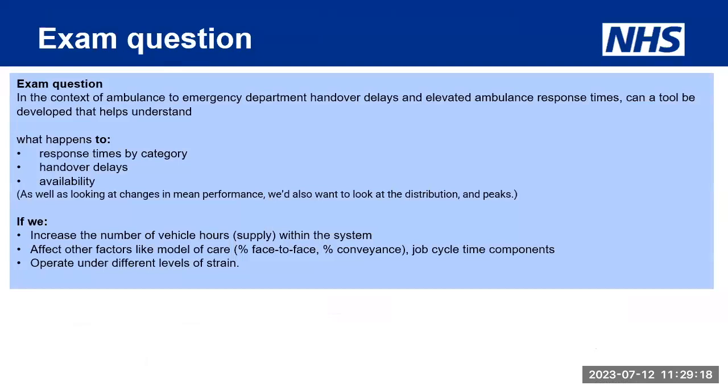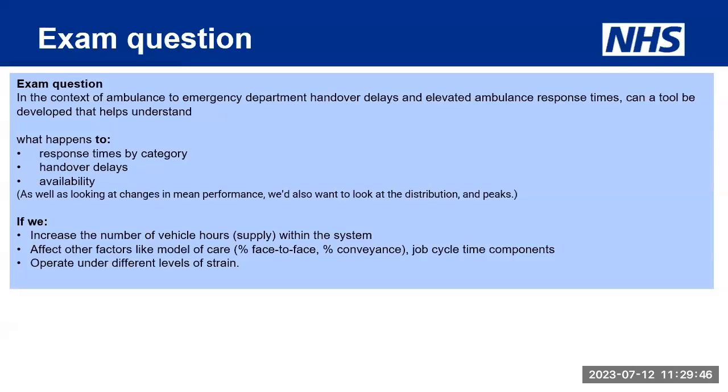So the exam question for us early in the year was really, in this context, can we better understand the relation between response time, from category 2 but also category 1, those are the life-threatening, including for instance cardiac arrest, the handover delays at hospital and the availability of these vehicles, and then what is the impact if we do some other things like increasing vehicle hours, changing the model of care.